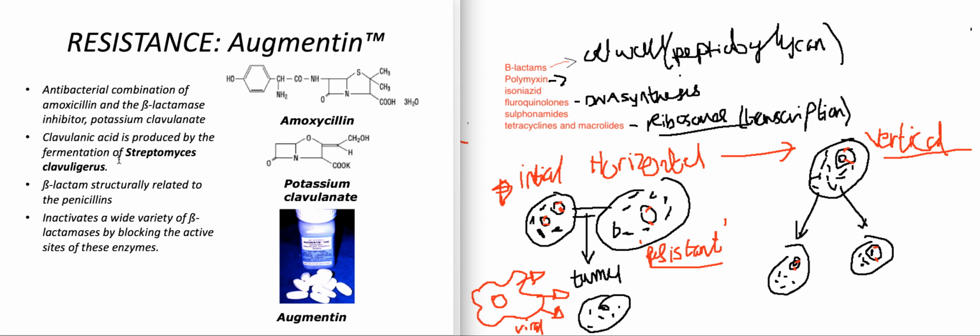Clavulanic acid is produced from fermentation of Streptomyces. So this acid is produced from another bacteria, Streptomyces clavuligerus. From here, this is where it gets the name clavulanic. Its beta-lactam structure is related to the penicillins, and it inactivates beta-lactamase.